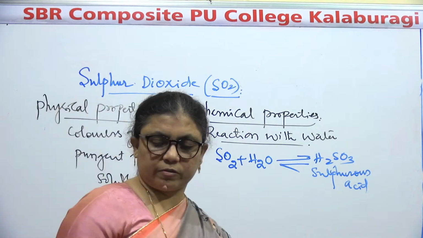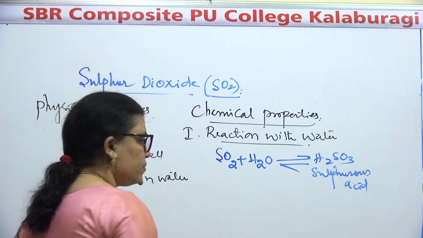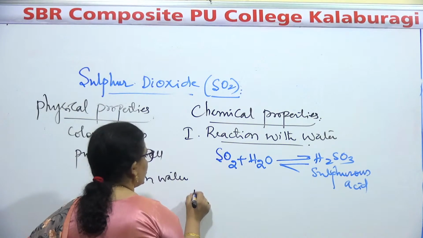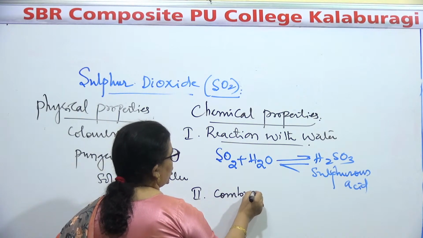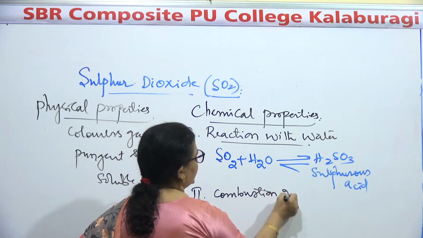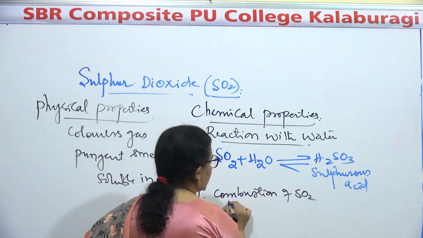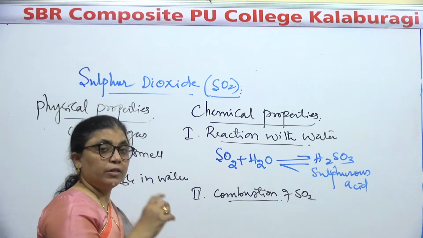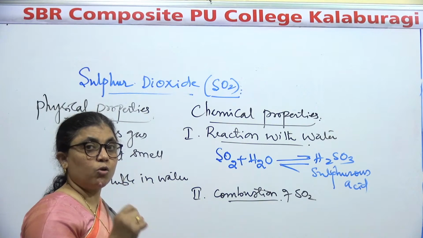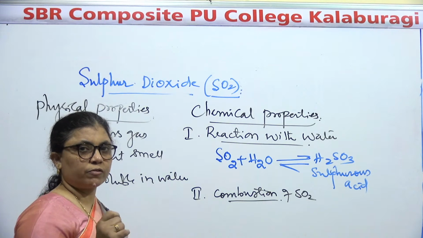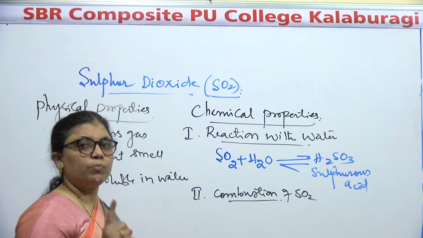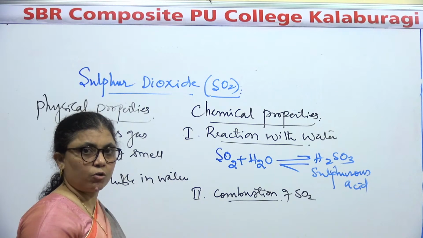The second one is the contact process. What is the contact process? When sulfur dioxide undergoes combustion in the presence of vanadium pentoxide as a catalyst, it produces sulfur trioxide.